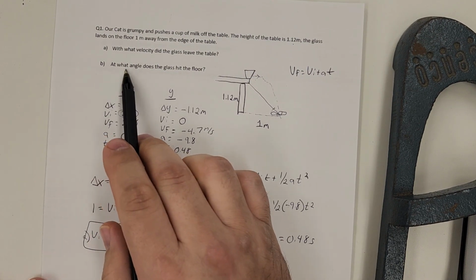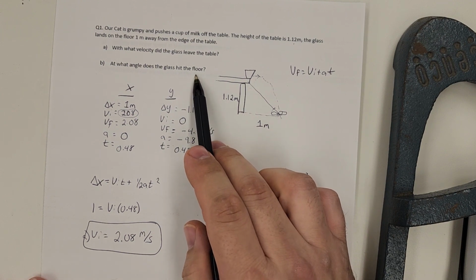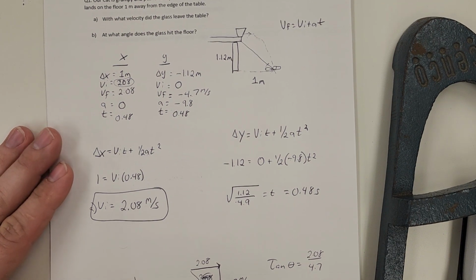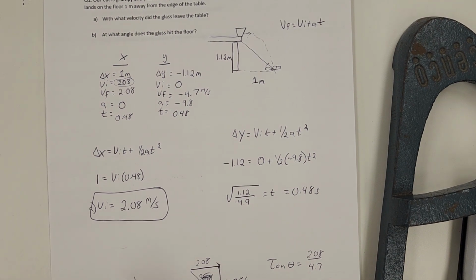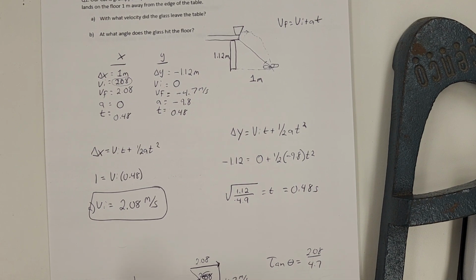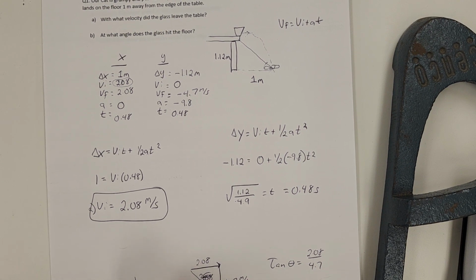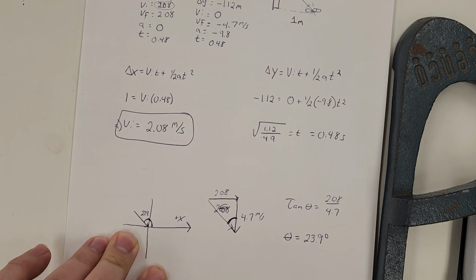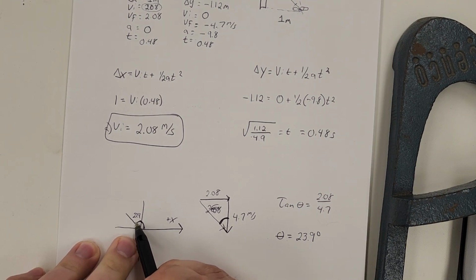Okay, so it doesn't state at which angle the glass hits the floor. Traditionally, we would have wanted this to be from the positive x direction. And what we have found is from this to this, so from the y over to here is 23.9. So we don't really want this 23.9. What we want is from the positive x-axis all the way over to it.